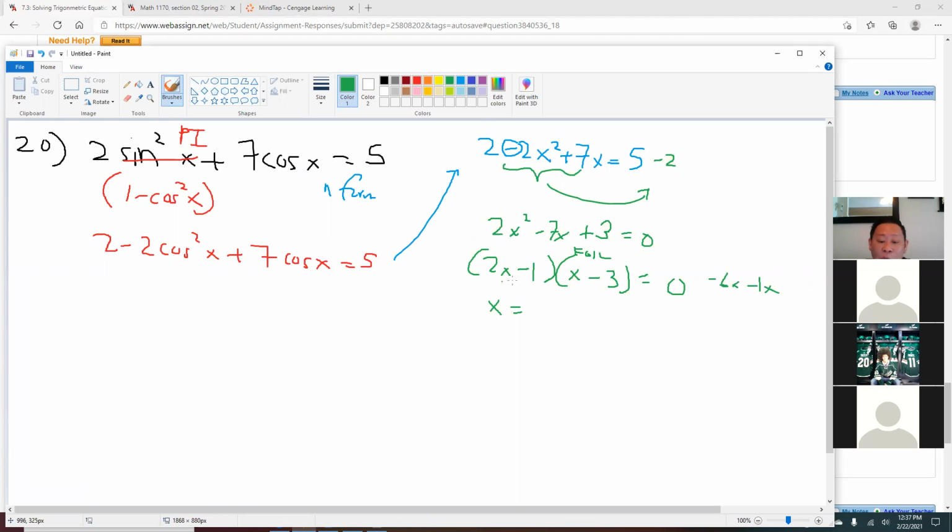So x in this case is equal to what? 1/2 and 3. And then we replace x back to become cosine. So you will get cosine x is 1/2 and cosine x is 3. We have done cosine of 1/2 since the beginning of this class.